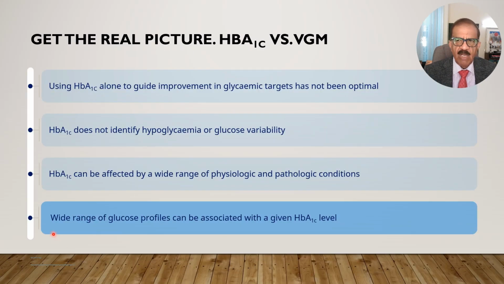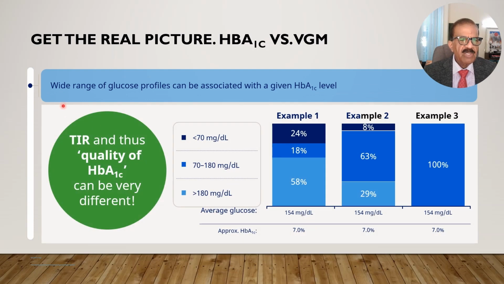Another point which requires further highlight: a wide range of glucose profiles can be associated with a given HbA1c level. What I mean by that is that you have the same HbA1c, but the patient's actual glucose profile may be different. Let me show you how this happens. This is an example.